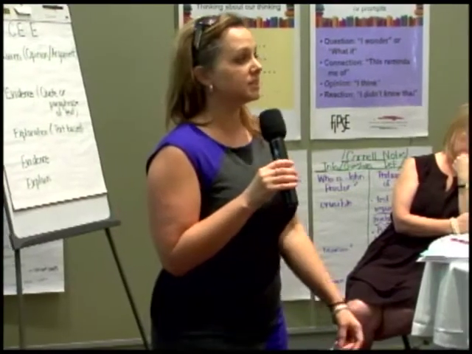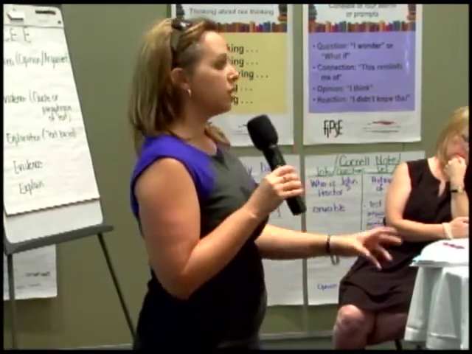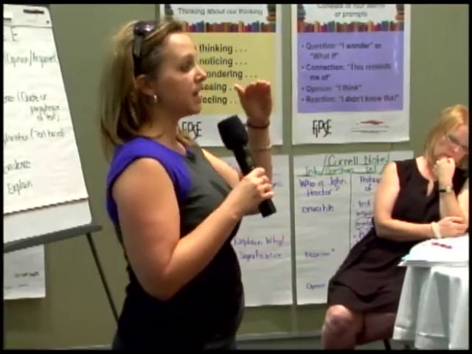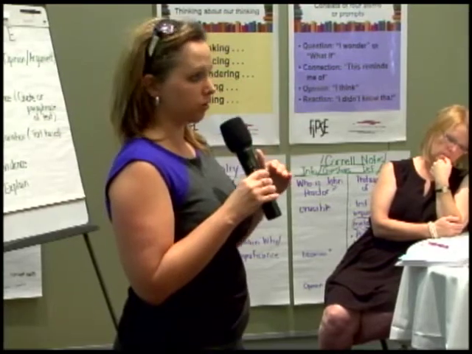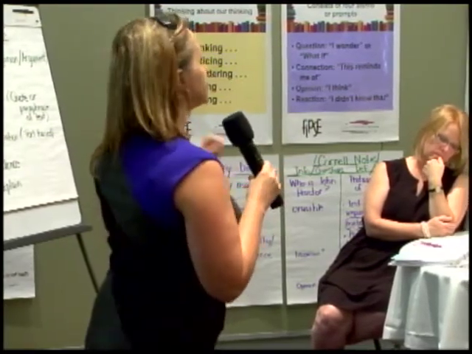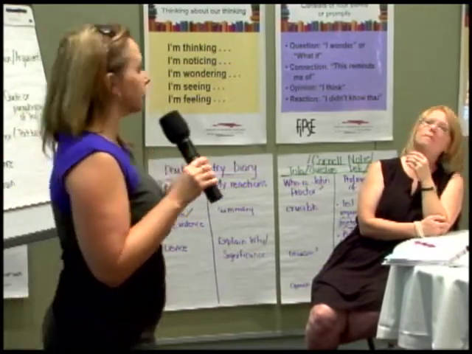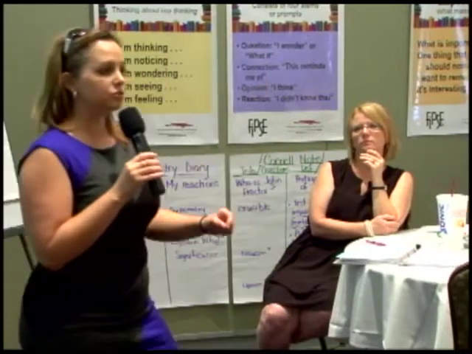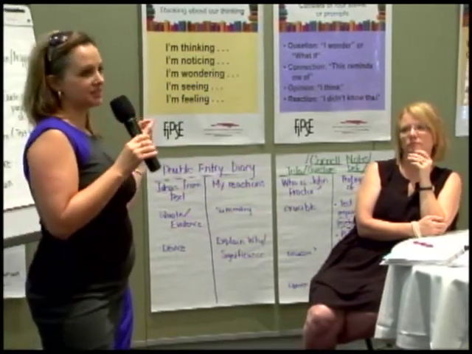You can do this in a paragraph or a chunk of a text or an entire article. But they're going to pick out the 7 most important words or phrases. I have to go over the fact that a sentence is not a phrase. So they cannot underline an entire sentence.